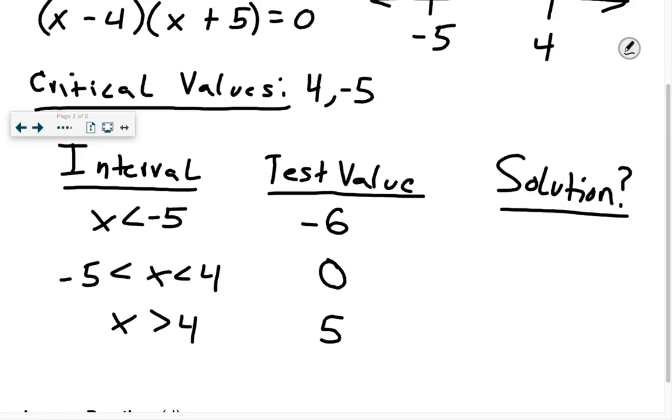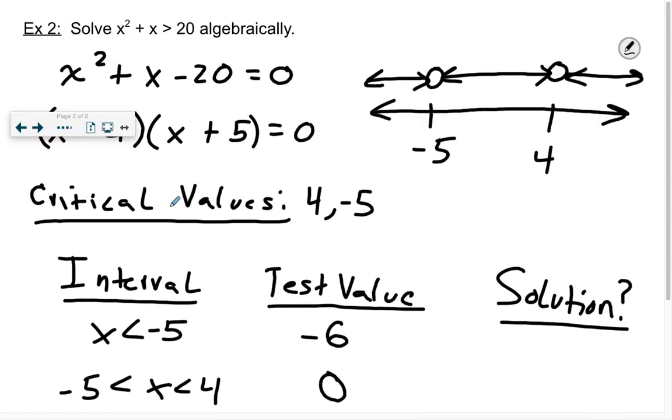And lastly, we need to determine whether or not this test value is going to be a solution to this inequality. So if we look at -6 and we go back to our original inequality, x squared plus x is greater than 20. I plug -6 in. -6 squared will get me what? Plus -6. 30. Is 30 greater than 20? Yes, it is.